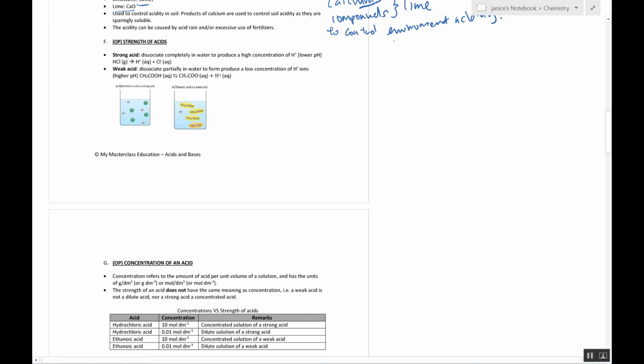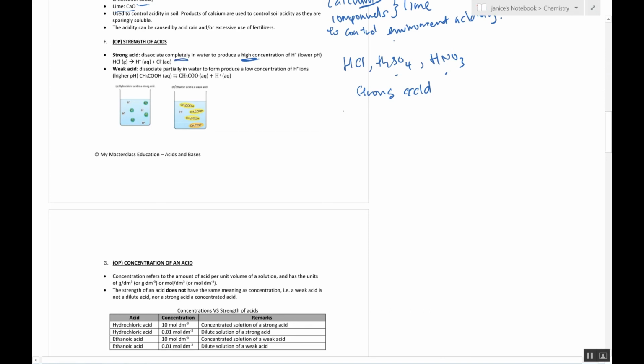So strong acid, by definition, dissociates completely in water to produce a high concentration of hydrogen ions. The three acids, HCl, H2SO4, and HNO3, your hydrochloric acid, sulfuric acid, and nitric acid, are all strong acids. By definition, they dissociate completely.